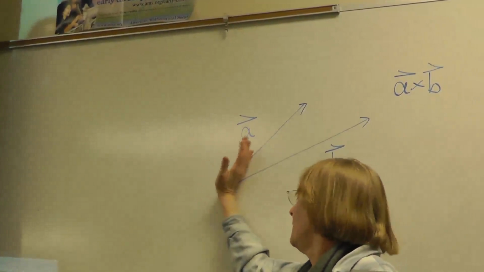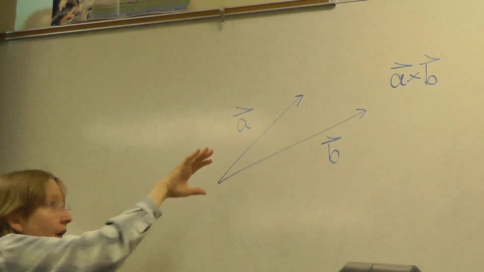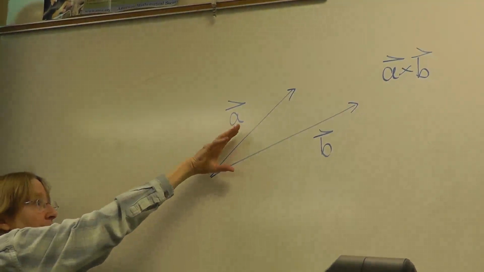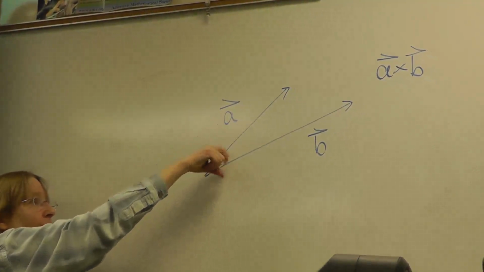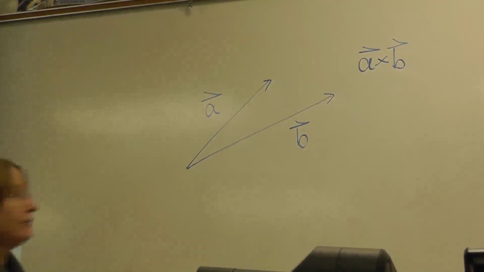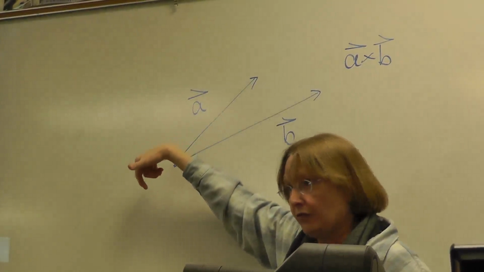I can do it this way or this way. If I do it this way, my fingers curl through the smaller of those two angles. If I do it this way, my fingers curl this way.